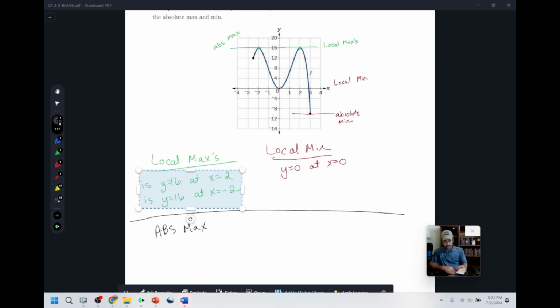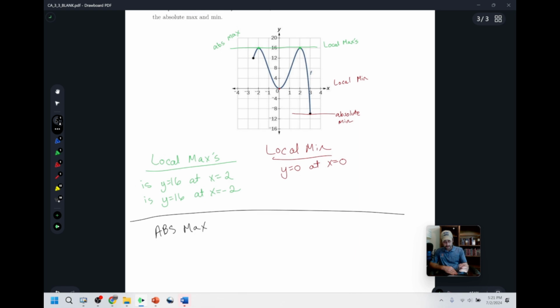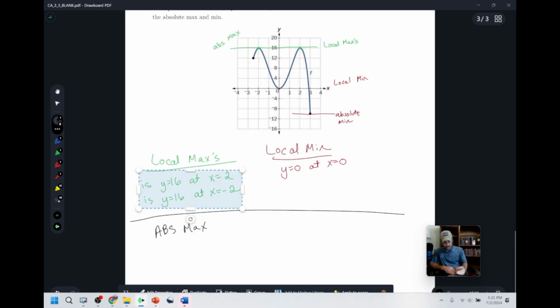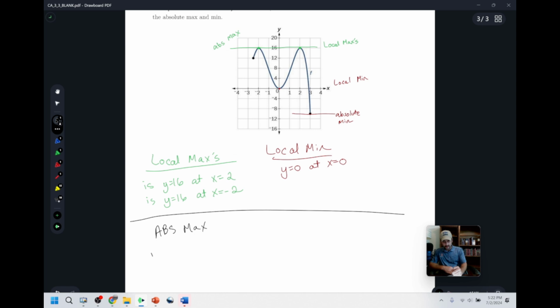And so we will just write the exact same thing for that. Copy that. It is y equals 16 at x equals 2, and is y equals 16 at x equals -2.